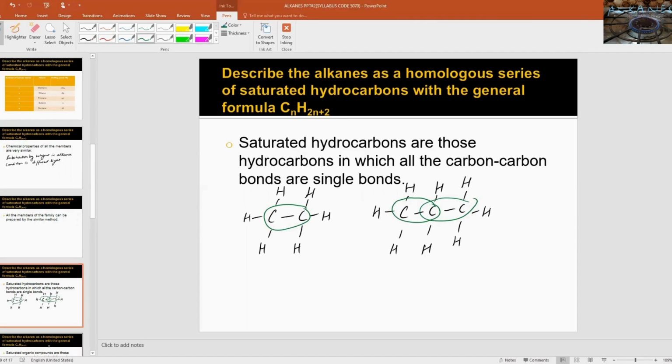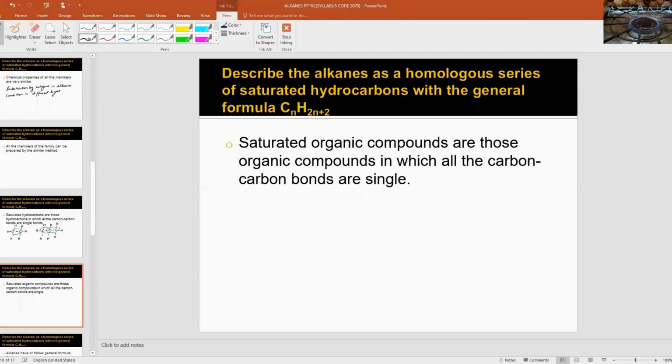Other organic compounds can also be saturated if they contain carbon-carbon single bonds. Let me show you some examples of other organic compounds being saturated.